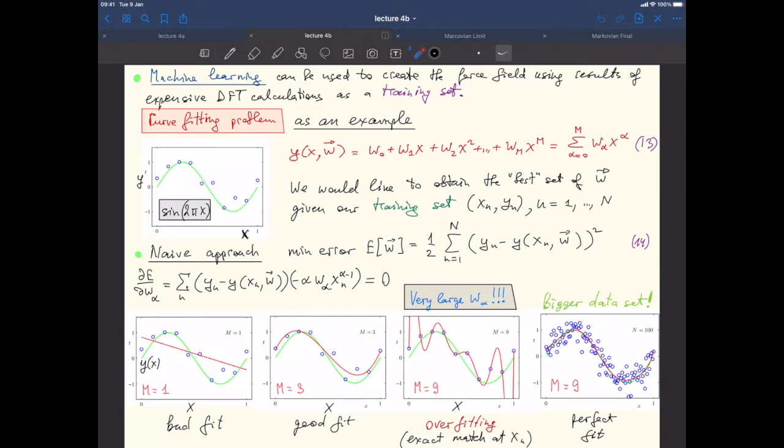To solve this problem is quite known. It's deterministic, entirely deterministic, and it is called least square method. So what we do, we create an error function here. So we take this assumption of the analytical form of our function. In this case, it is a polynomial.